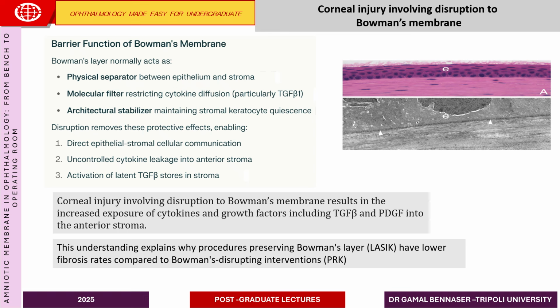That's why it is advisable to use the amniotic membrane immediately in cases of acute disruption of the Bowman's layer. So whenever you do any procedure on the cornea, avoid disruption of the Bowman's membrane. That's why we always see post-operative haze after PRK, which is not seen in post-LASIK cases.